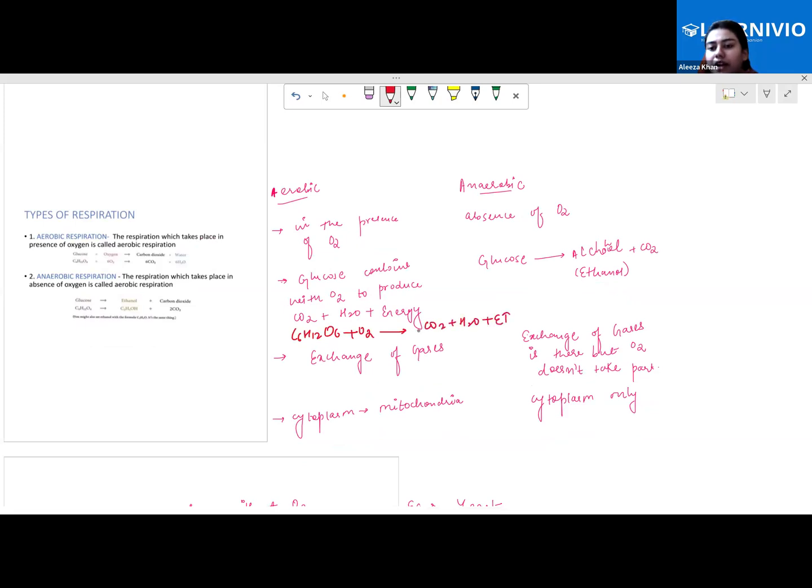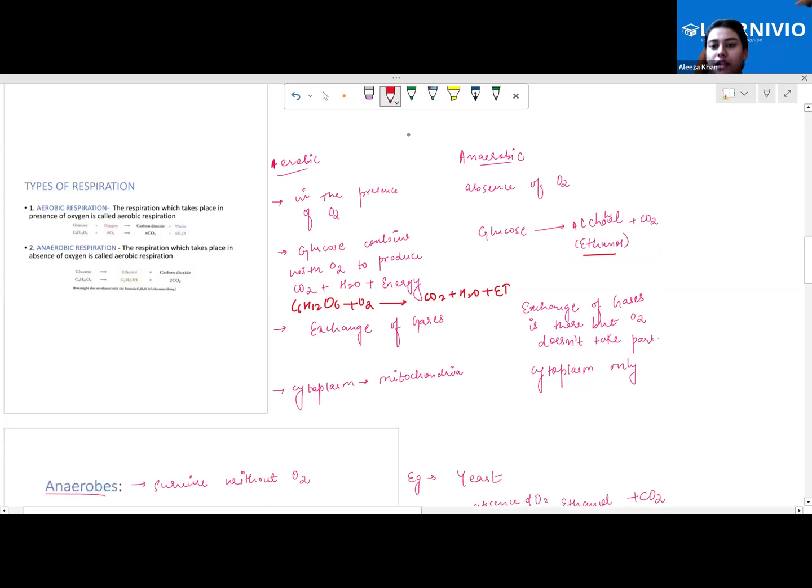Whereas in anaerobic respiration of yeast, since there is no oxygen, glucose is converted to alcohol and carbon dioxide, and the alcohol made is ethanol. So anaerobic respiration of the yeast results in fermentation, and fermentation produces alcohol. Is it clear to you?